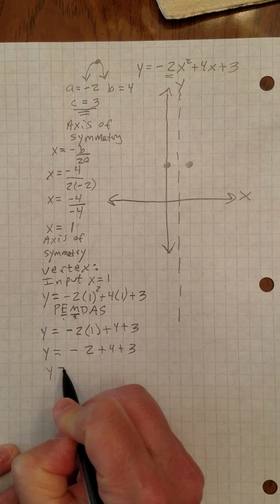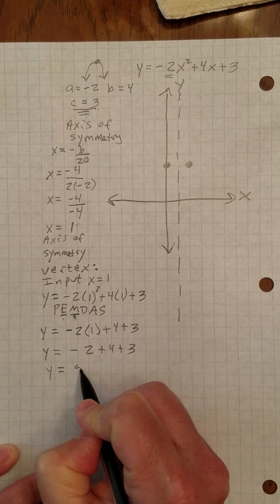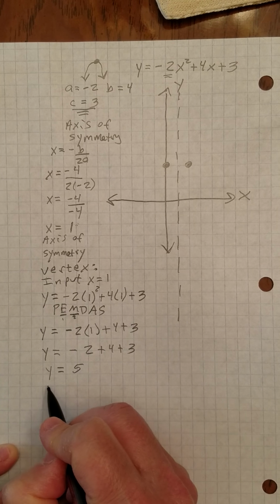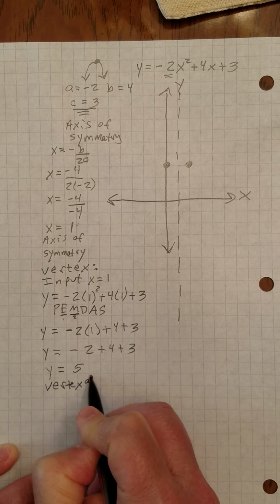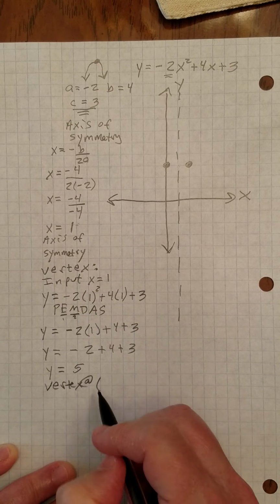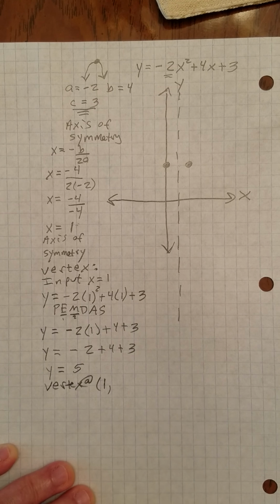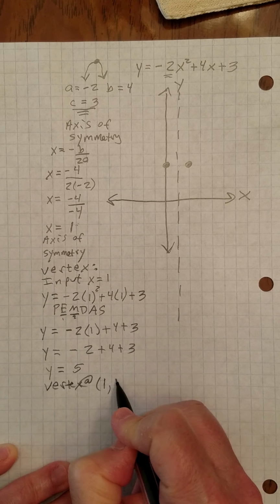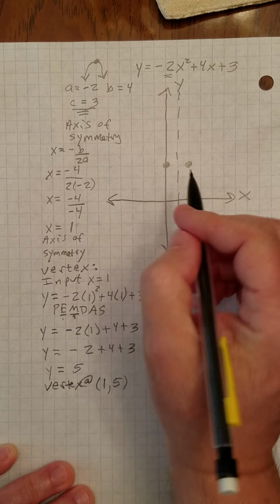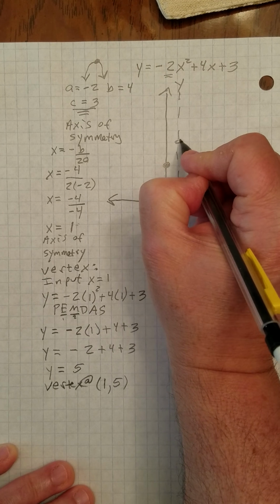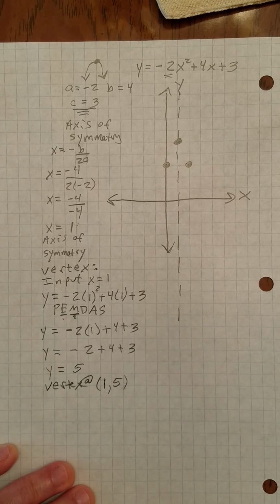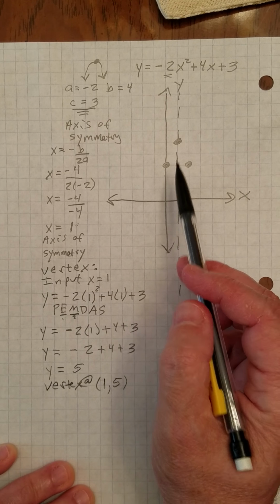And that means that y is 5. So the vertex of this parabola is located at input 1 for x, output 5 for y. 1, 1, 2, 3, 4, 5. And just like we said, it's above these 2 points. It has to be because it's got a frown.